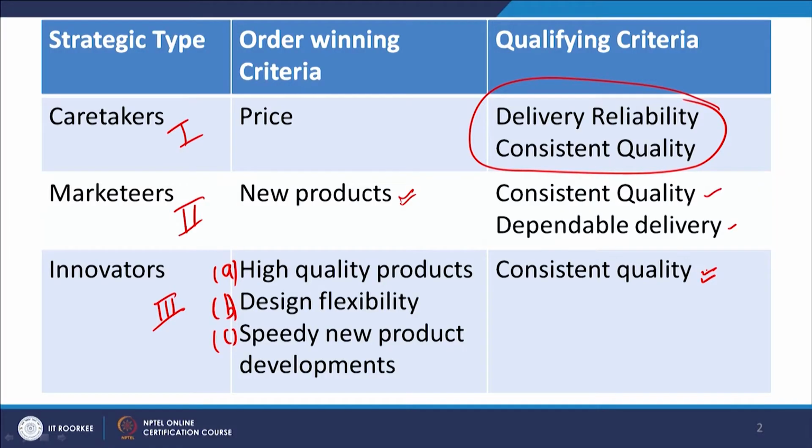And here you see quality is only an order qualifying criteria, because delivery has come as a winning criteria in case of innovators.